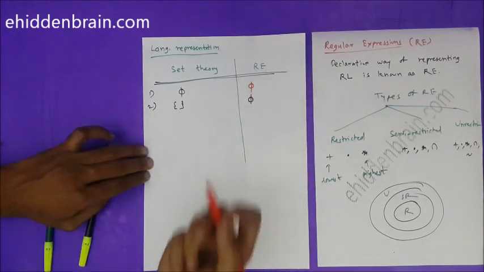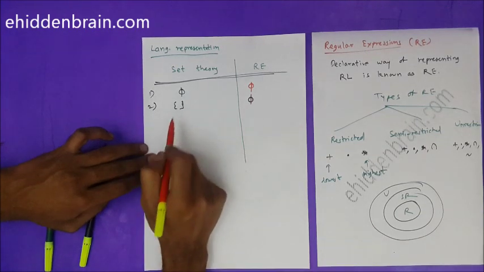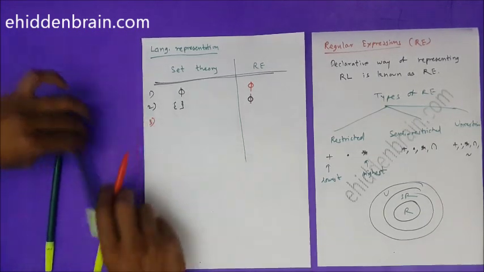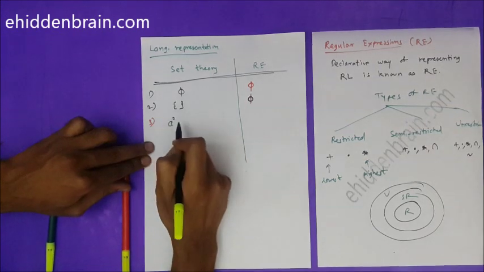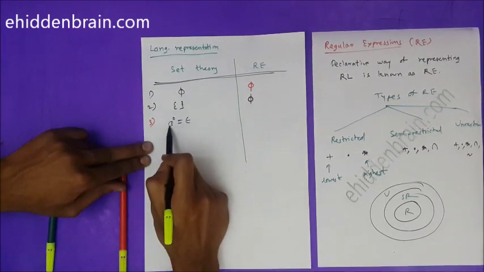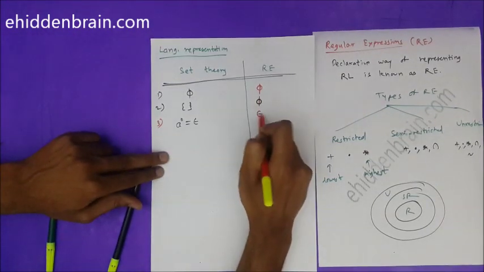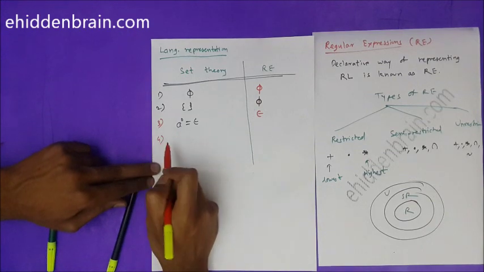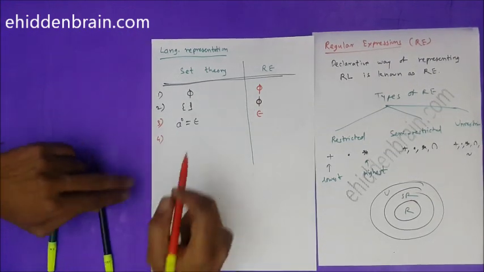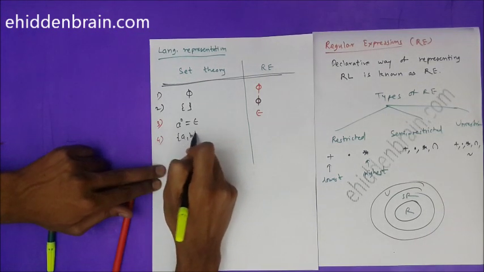If there is a language, I can say a zero length language, something like a third, a raised to 0, which is equals to epsilon. What it means, zero length string of a is epsilon, and in regular expression also we will use epsilon. Now the fourth set is {a, b}.